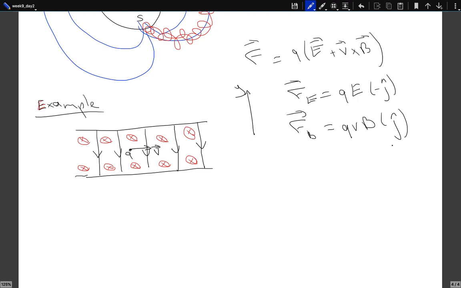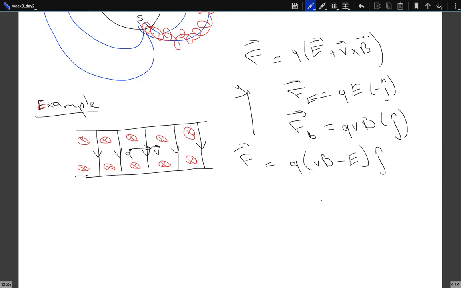So if you just sum them, you get the total force. It is q times (vB minus E). You see, E is fixed, B is fixed.